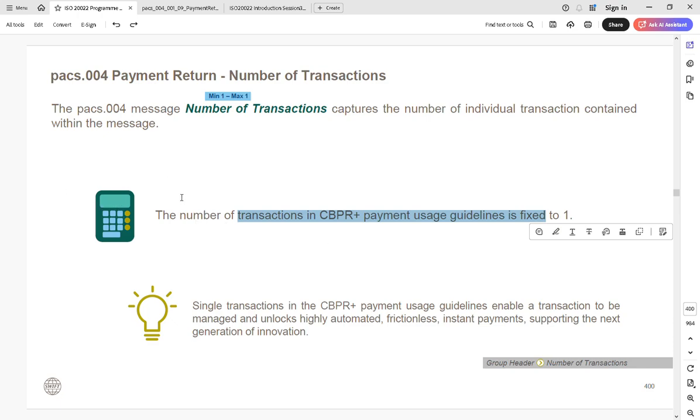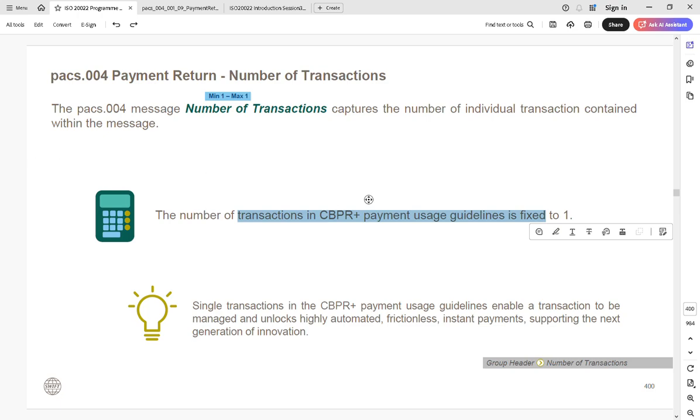So this is your PACS.004 message. Oh, I have opened the wrong message. Wait a minute. Okay, this one.